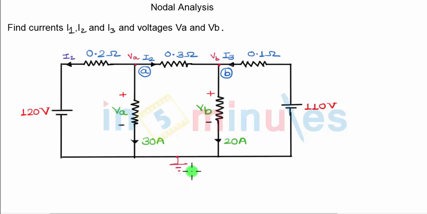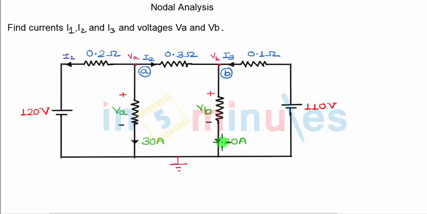So please remember that whenever there is a single resistor between a node and the ground, in that case whatever is the voltage across the resistor will also become the voltage at that node, provided the negative terminal or the negative polarity of that voltage is at ground. So that is the case here. The negative polarity is at ground, and hence VA also becomes the node voltage. Similar is the case here.